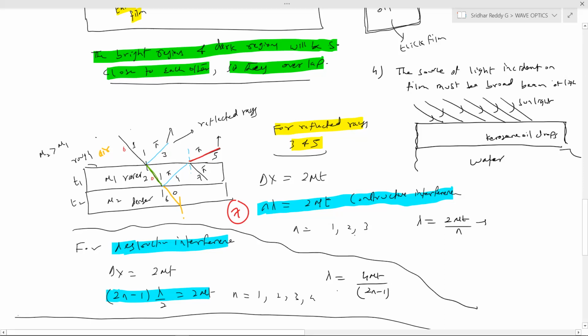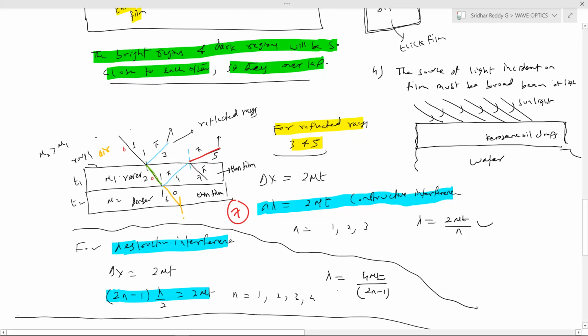Okay, got this one? Why some wavelengths undergo destructive interference and certain wavelengths undergo constructive interference all depends upon this idea. So again, both are thin films. This is also a thin film. If more than one film is there, we have to be very alert.